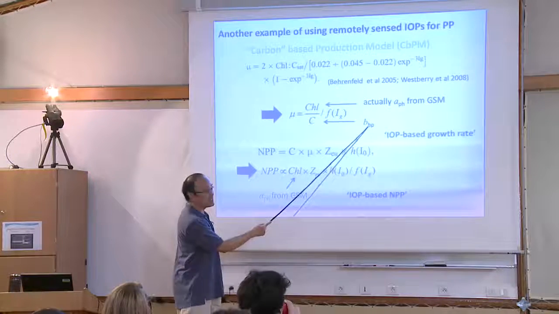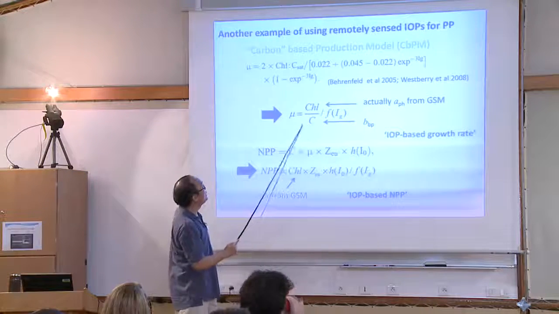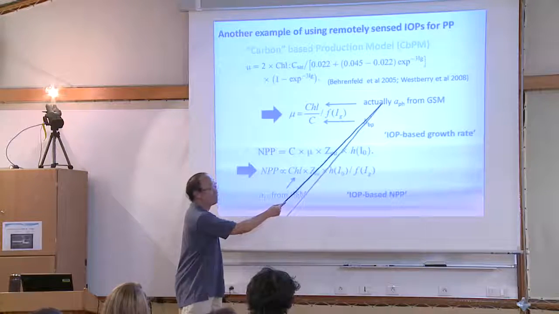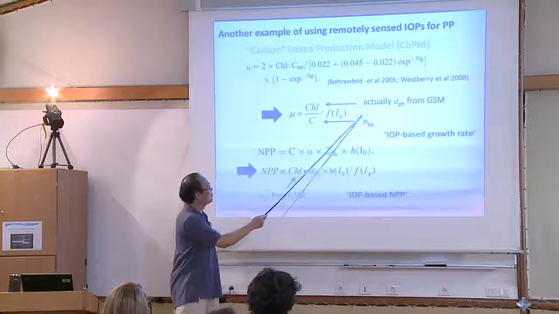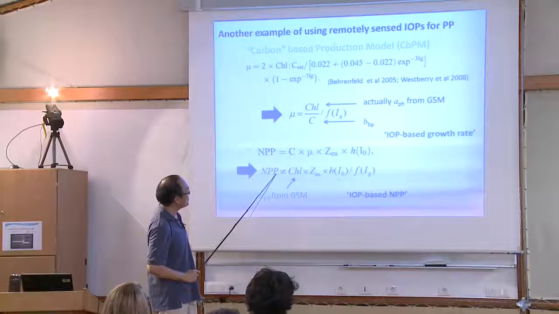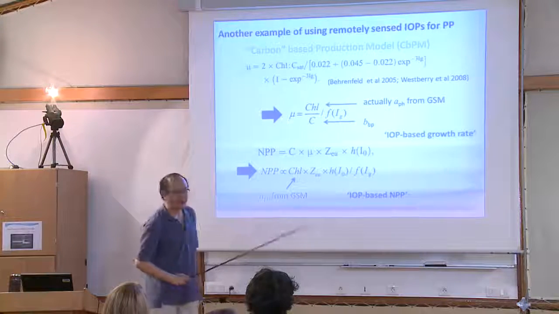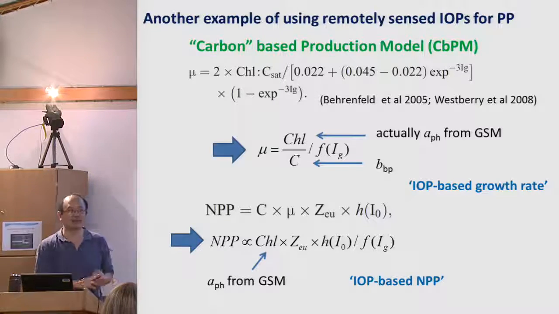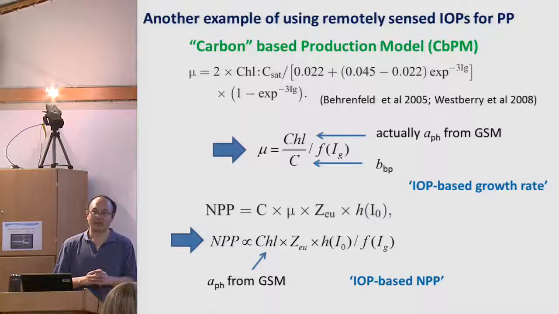This C is estimated from bbp. So now you see this growth rate is actually estimated from IOPs. Growth rate is from IOPs, and this is from aph, so this net primary production is also from IOPs. That's another example showing that using these IOPs, we can do a better job on estimation of net primary production.